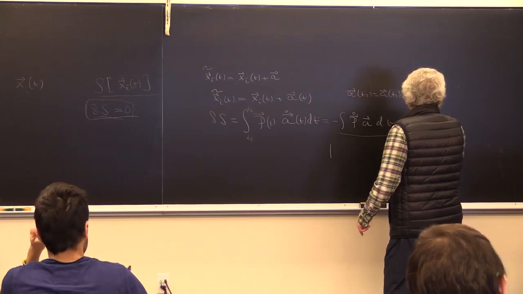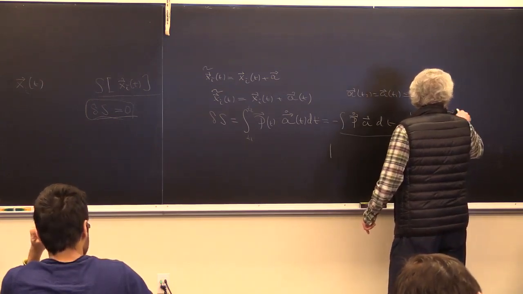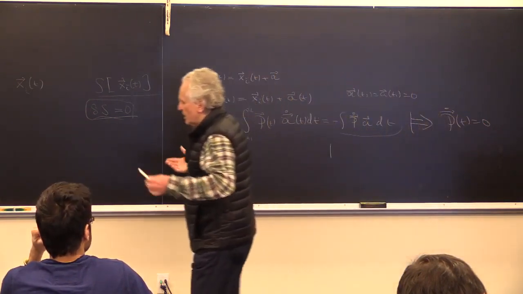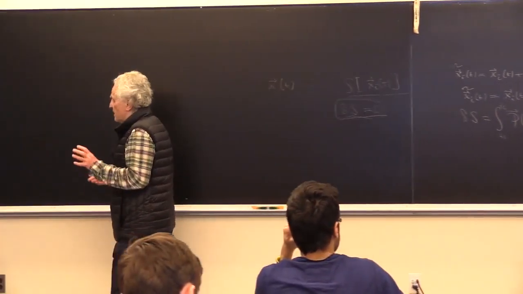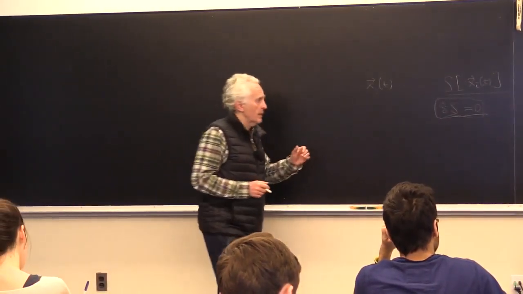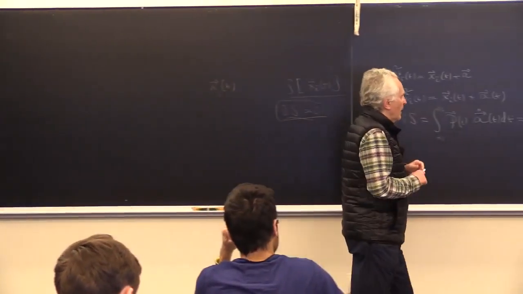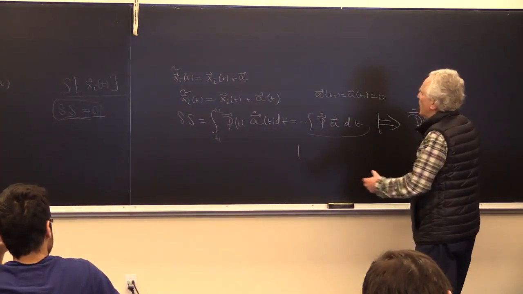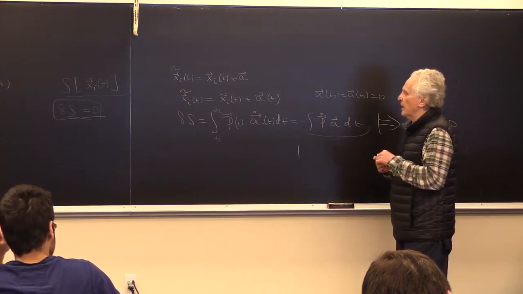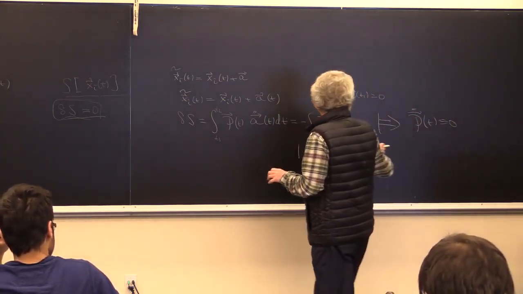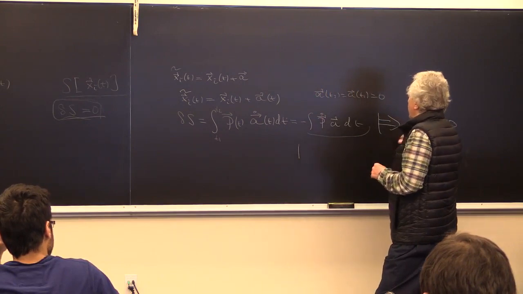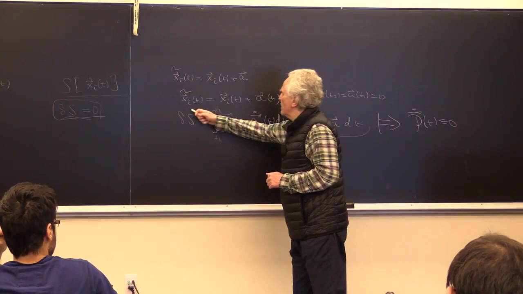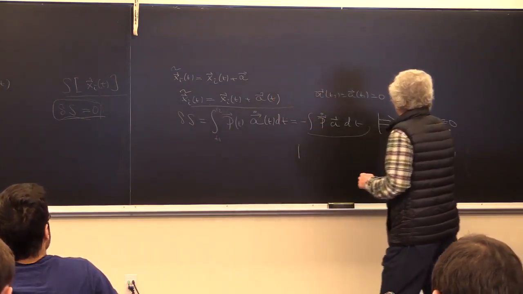So what follows from this is that p dot of t is equal to 0. I'm repeating this because it's one of the fundamental things in physics, namely that you have a well-defined and very simple prescription how to associate conservations, in this case conservation of momentum, with symmetry. We have symmetry, we get conservation.